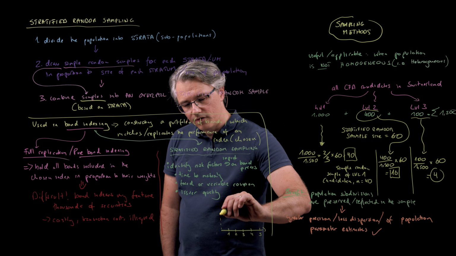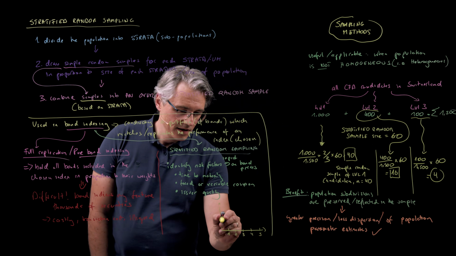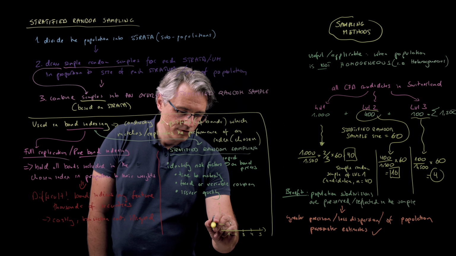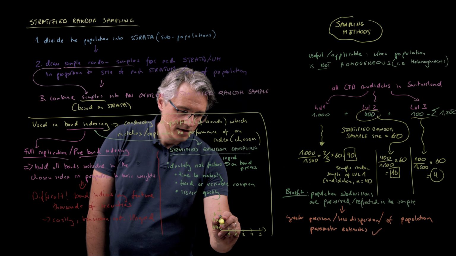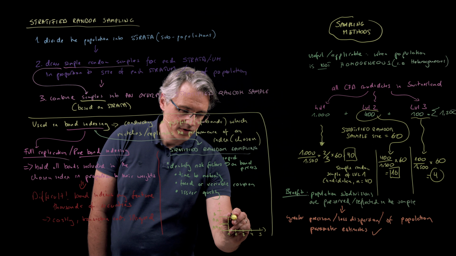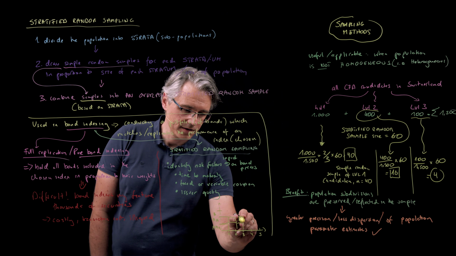Here I've got the different issuer qualities like triple A, double A, single A. These are ratings. So you create little blocks like cells, like strata.